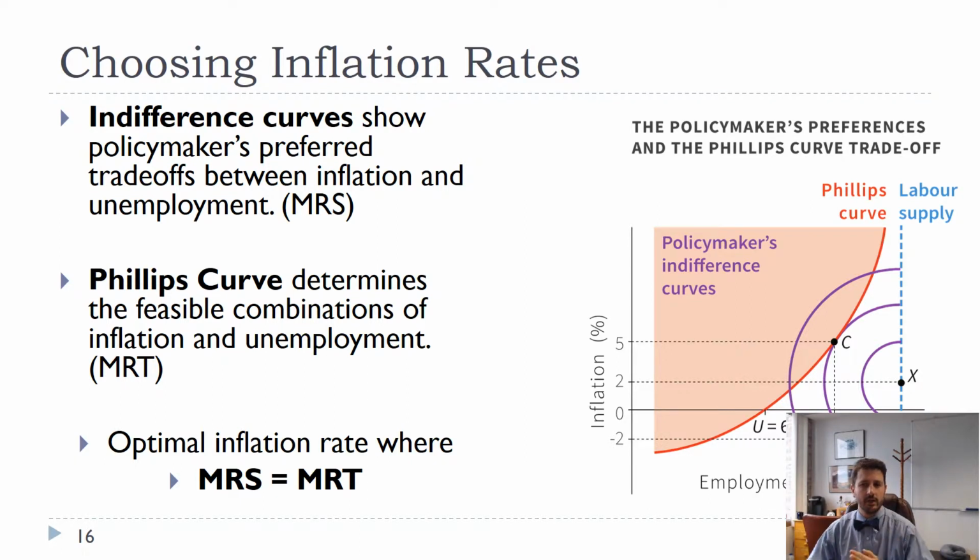And so what we're going to look at then is what these preferences might look like for the central bank. And then we're going to see that the role of expectations was important in showing central banks that they really couldn't choose any point along the Phillips curve. And this is really what led to the breakdown of the Phillips curve relationship in the 1970s and 1980s.